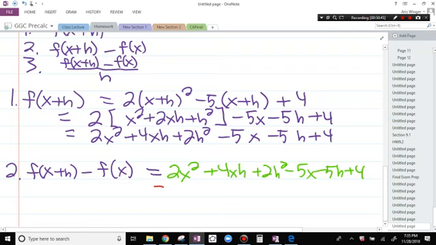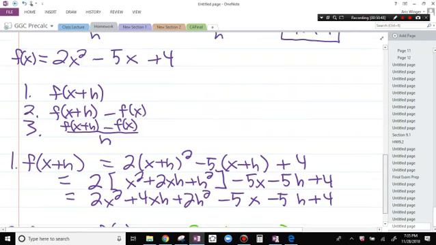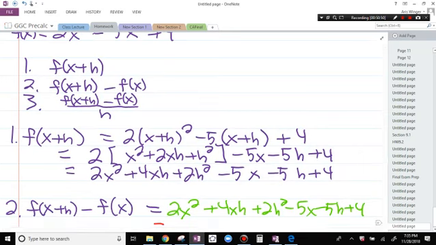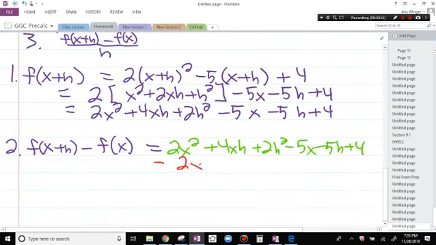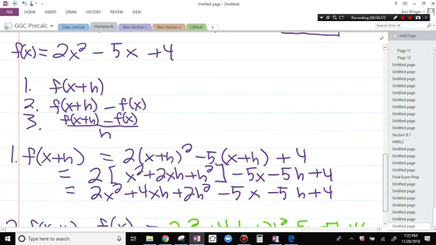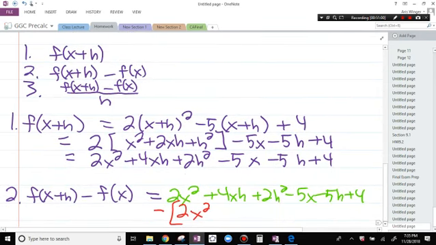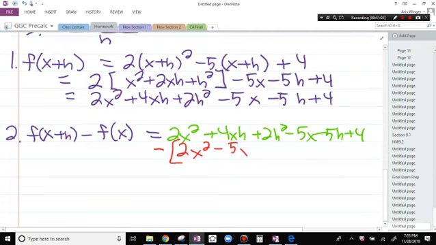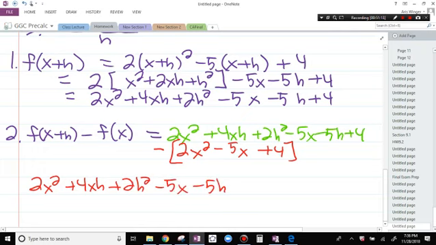So it's minus the original function, which was 2x squared minus 5x plus 4. I'll write this out carefully: 2x squared plus 4xh plus 2h squared minus 5x minus 5h plus 4 minus 2x squared plus 5x minus 4.